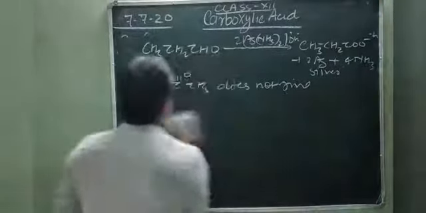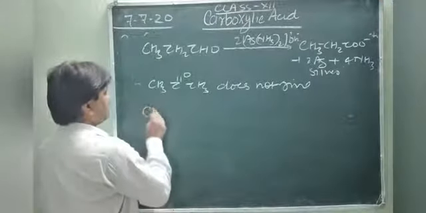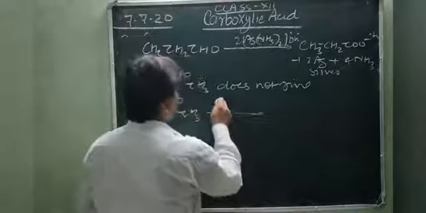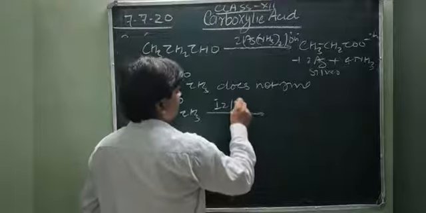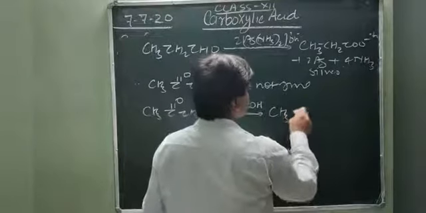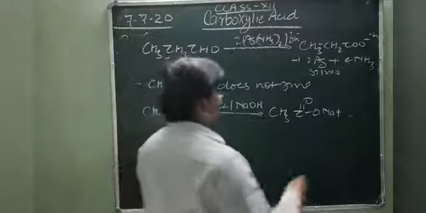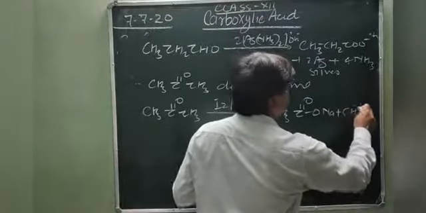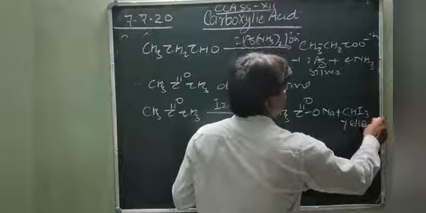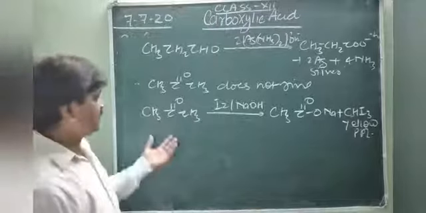So the iodoform test is: CH3COCH3 when treated with iodine and NaOH forms CH3COONa plus iodoform, CHI3, which is a yellow precipitate. Iodoform formation takes place with these ketones.